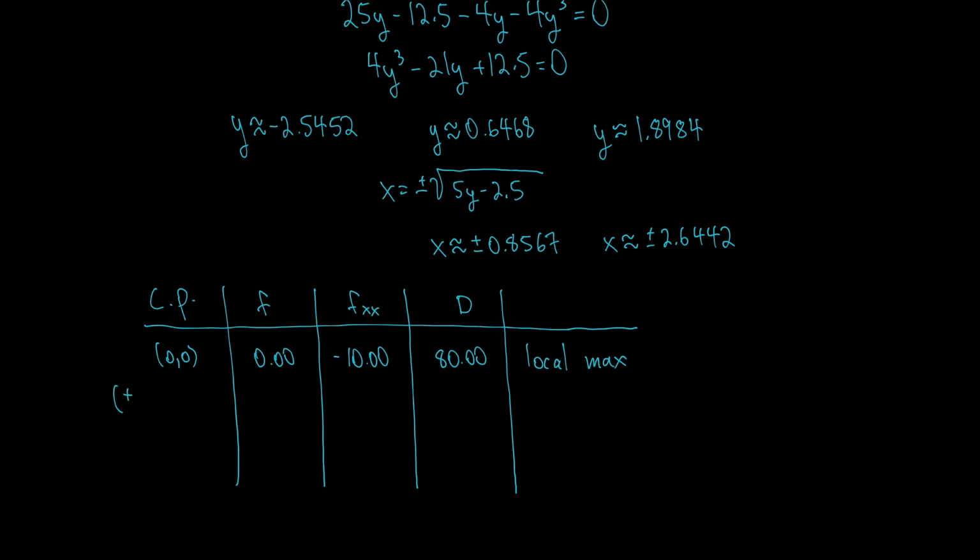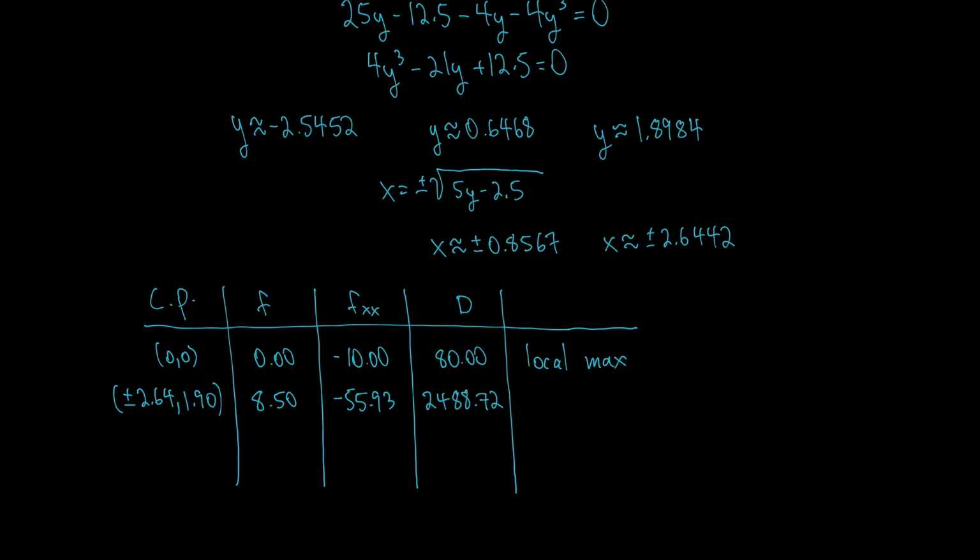So we can look at plus or minus 2.64, 1.90 at the same time because, and I rounded a little bit more, notice, because they both have the same y value, or z value in this case, actually, of 8.50, and they both have the same second derivative value of negative 55.93, which results in the same D of 2488.72.